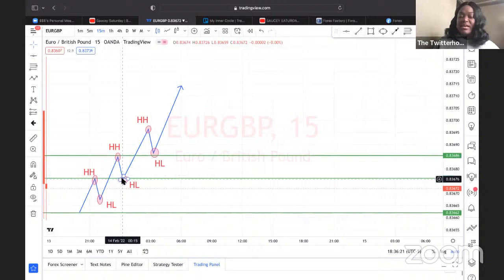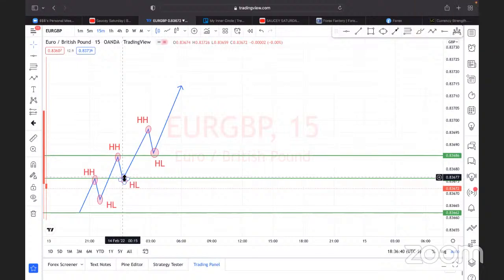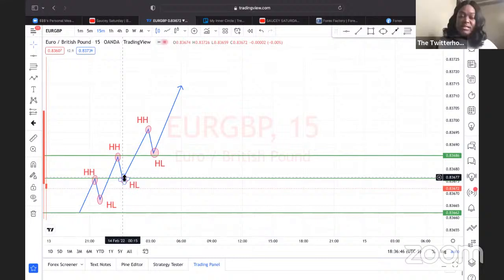So when it comes back here, the ceiling is now the floor, right? So you want to buy at the ceiling because now the ceiling is actually the floor. Does that make sense? Support turns to resistance. Resistance turns to support. So it makes sense? Yeah.